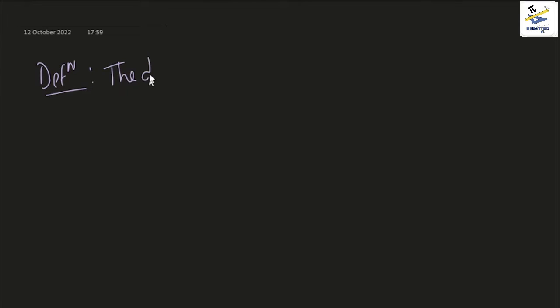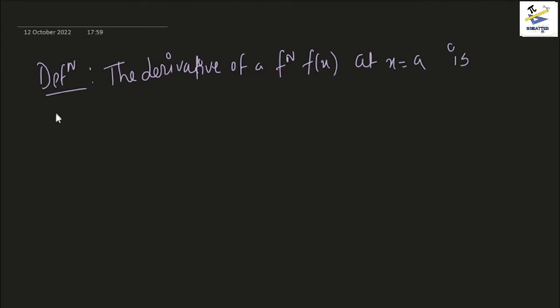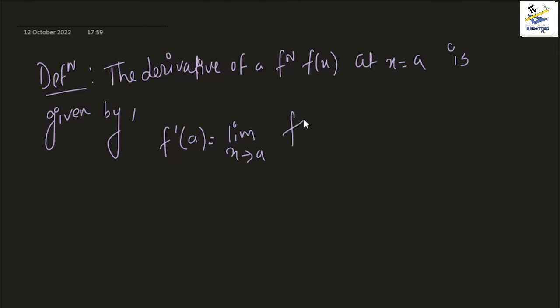The derivative of a function f of x at x equals a is given by f dashed of a equals limit x tends to a of f of x minus f of a, whole divided by x minus a.